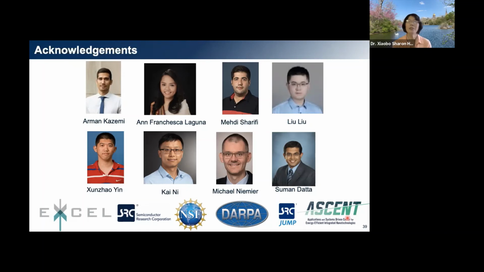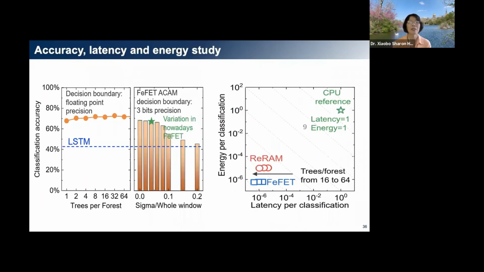Another question on the chat box is, I'm curious how much did the MCAM speed up compare with the traditional memory usage on decision trees, or what is the advantage of using MCAM rather than traditional memory or other CAMs in decision trees? Let me see if I can go back to this plot here. This actually does show the CPU design here.